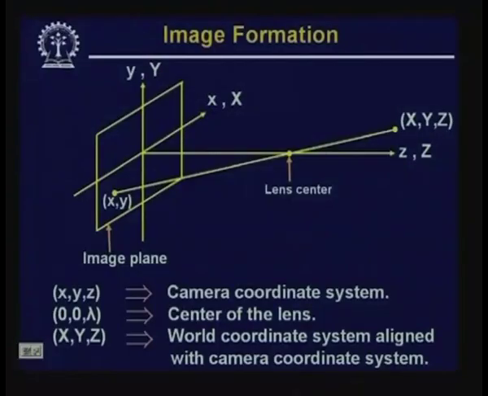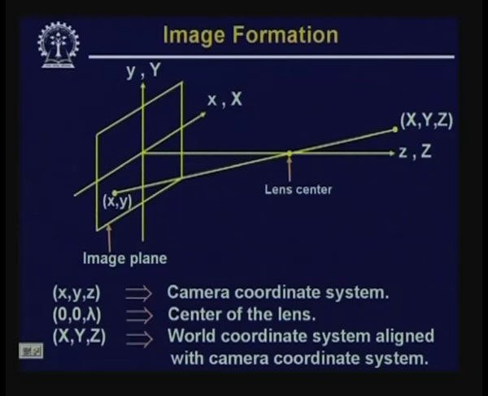There we took a 3D point whose coordinates are given by capital X, Y, Z, and lowercase x, y are the coordinates of the corresponding image point in the imaging plane. We assumed that the focal length of the camera is lambda. That means the coordinate of the focal point of the lens center is 0, 0, lambda.